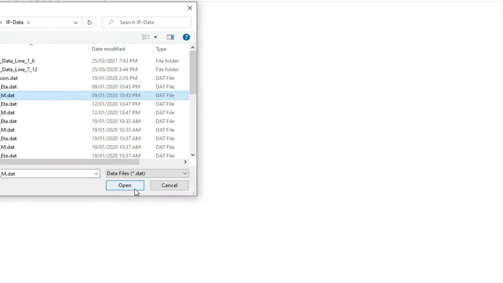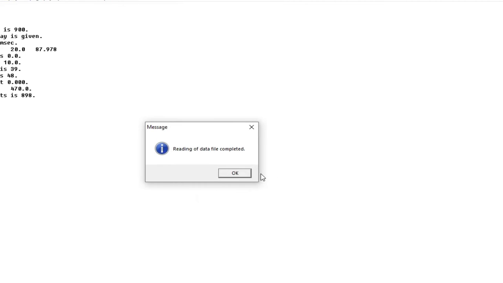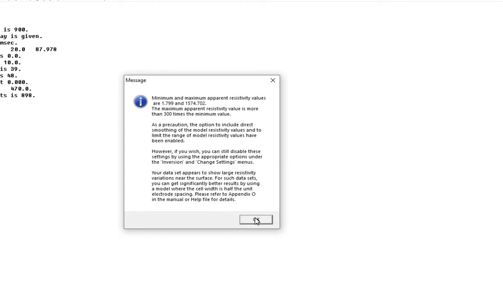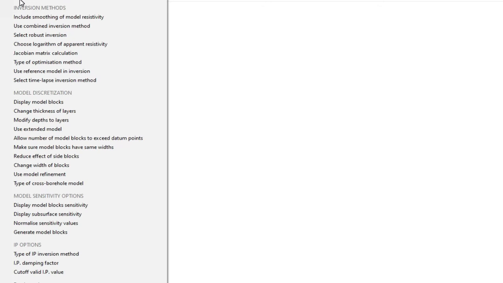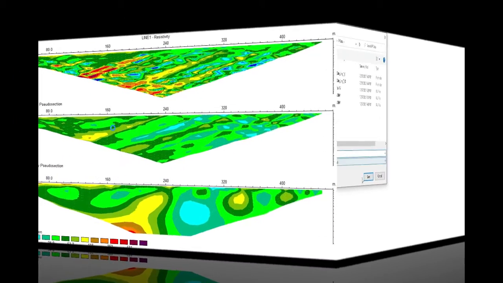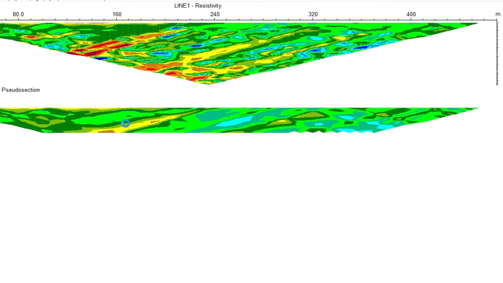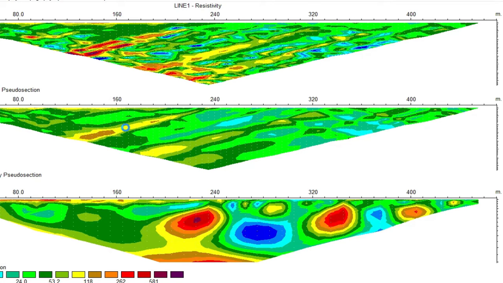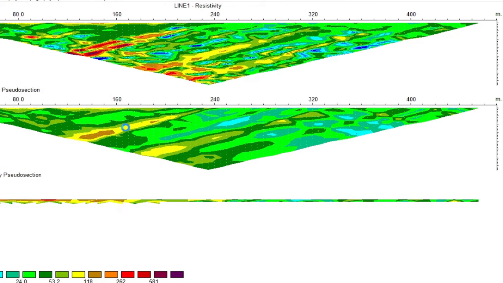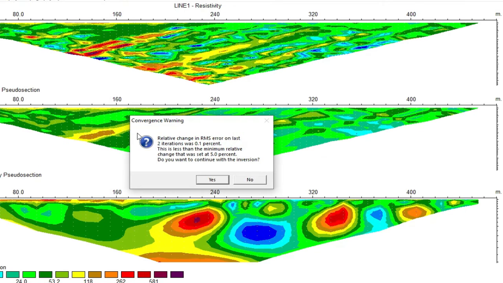Okay, our IP is there. That is our line 1. Let's redefine and see if there is any special anomaly running from about 210. Okay, now let's just stop here and see the IP.